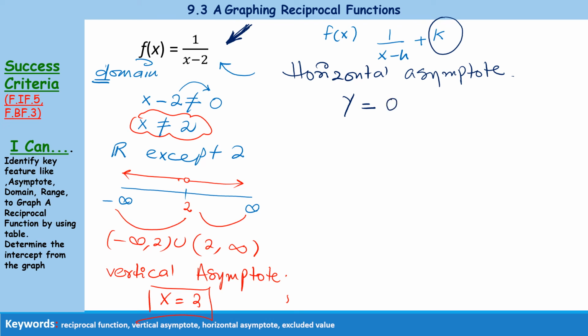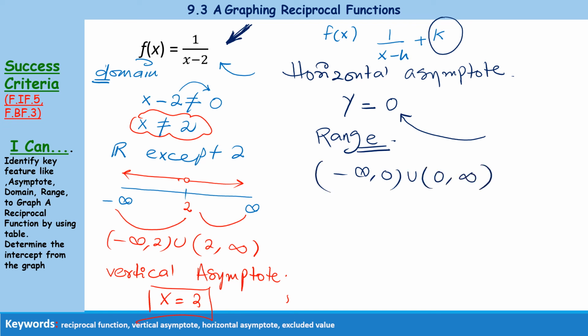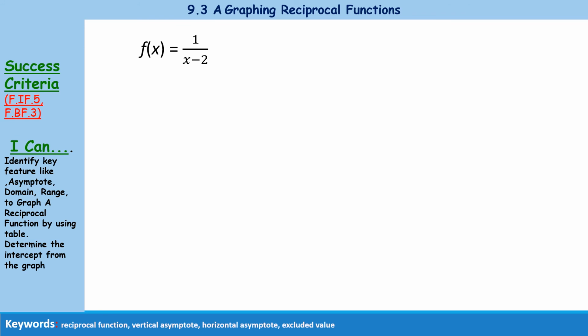So once the horizontal asymptote is done, we have to determine our range. In the range, again the same thing, all real numbers except this horizontal asymptote. So we will say from negative infinity till 0 and from 0 till infinity is our range. Now after finding these, we will find the y-intercept.